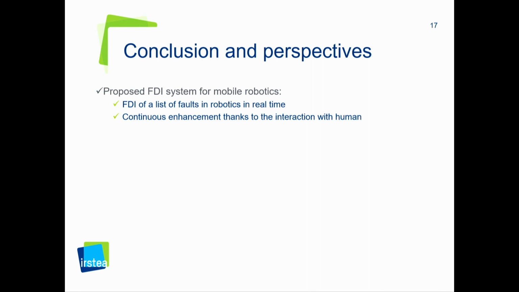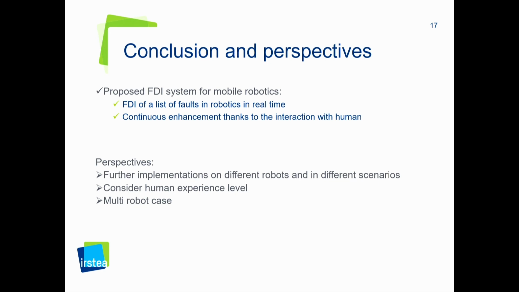So we have seen here our proposed FDI system for mobile robots. It can diagnose a list of faults in real time. It is continuously enhanced thanks to intelligent interaction with humans. In the future, it would be interesting to further implement on different robots and different, much more complicated scenarios.